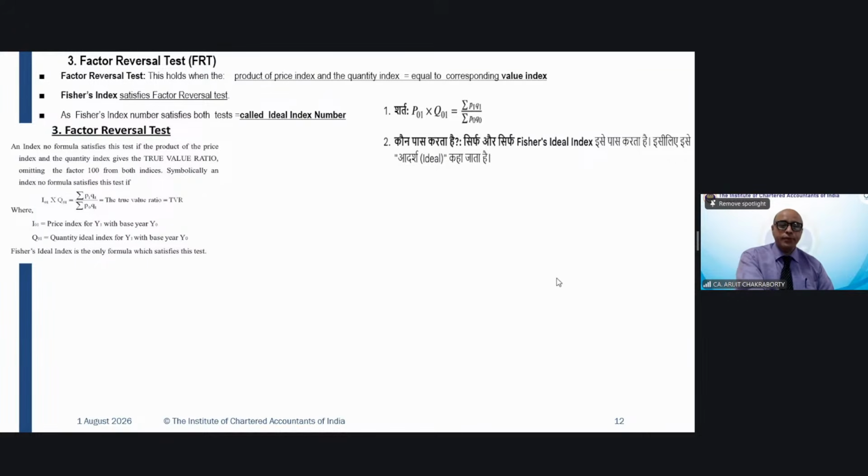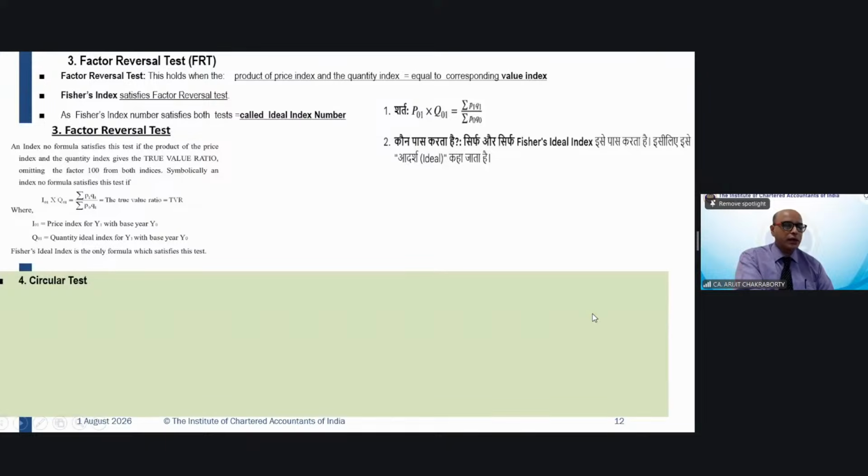Lastly, we have the circular test. Circular test means if I write it in the form of index numbers, you have P01, index number of year 1 with respect to base year. You have P12, that is index number of second year with year 1 as the base. And you also have the third index, that is P20, that is the price of the base year with respect to the second year.